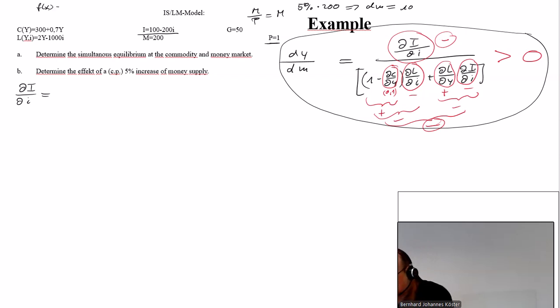f of x equals 100 minus 200x. What is f prime?